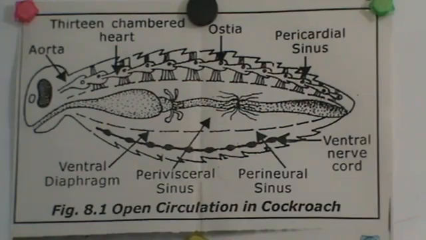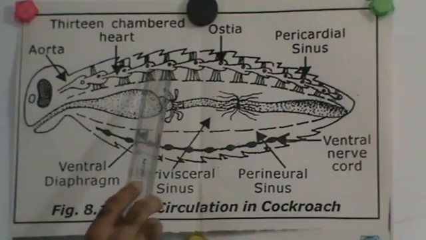Now, how does circulation of hemolymph take place in cockroach? It all starts with the tubular heart, which is pulsatile. When the heart dilates, the hemolymph from the pericardial sinus enters the heart through ostia.